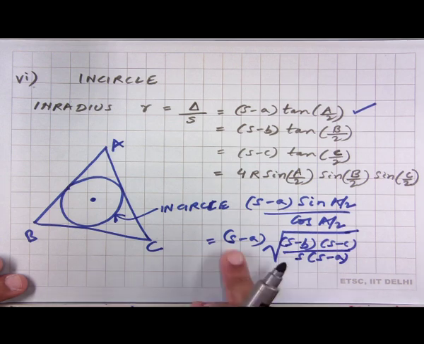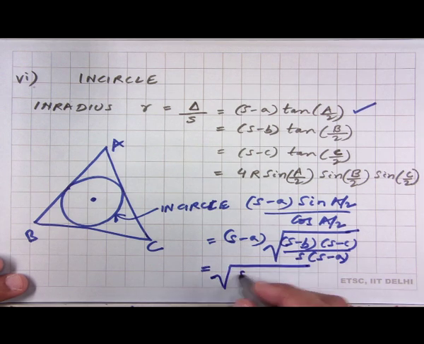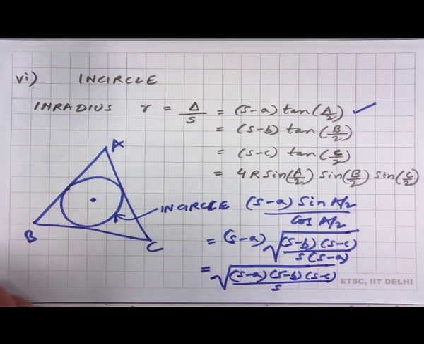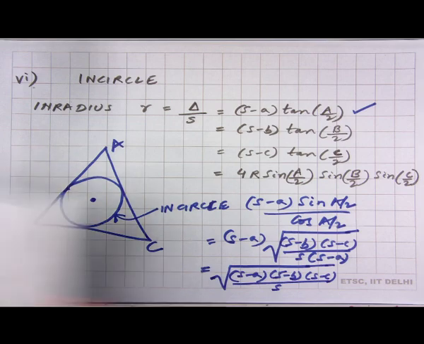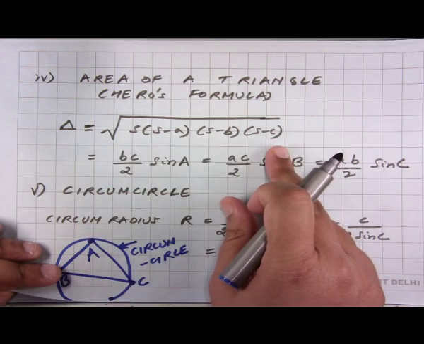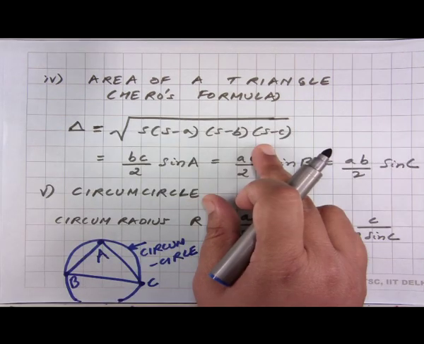And then by taking s minus a inside, what we get is that this is equal to the square root of (s minus a)(s minus b)(s minus c) over s. But from Heron's formula, we know that the area of the triangle, denoted by delta, is equal to this quantity, which already has this product of s minus a, s minus b and s minus c.